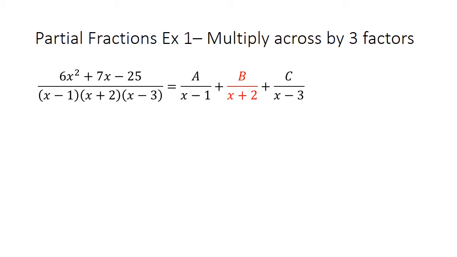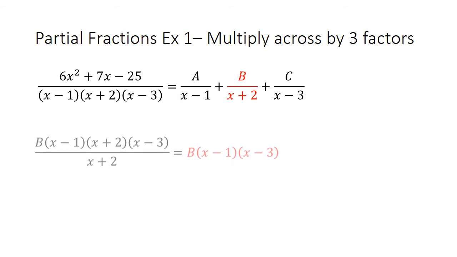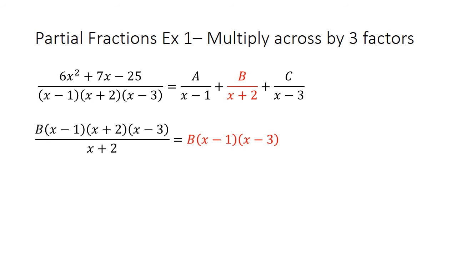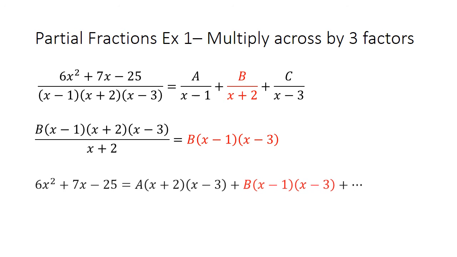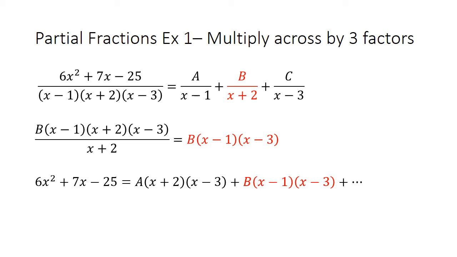Now we look at the second term on the right-hand side. You multiply it by the three linear factors. You can see that x plus 2 is in the numerator and x plus 2 is in the denominator, so they cancel. And the arbitrary constant B is multiplied by x minus 1 and x minus 3, the other two factors. So this gives us the third term in our transformed equation.